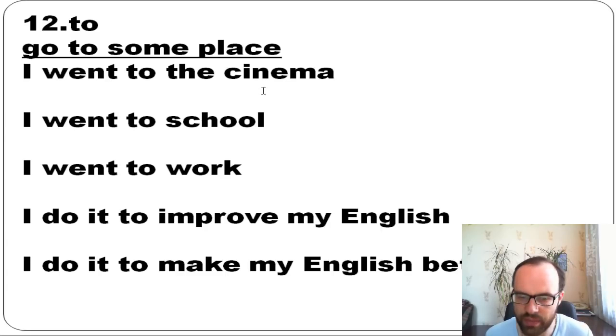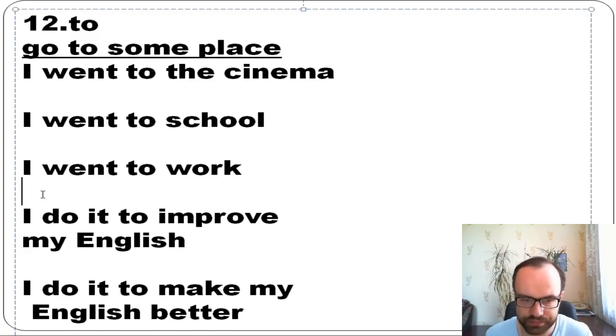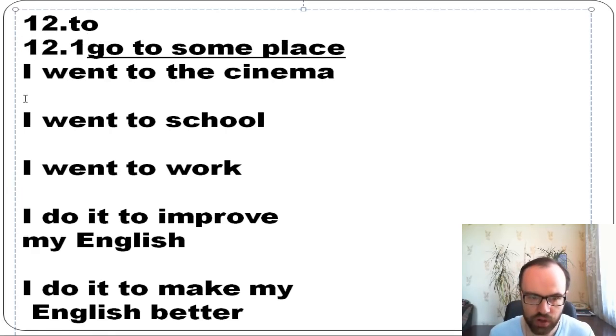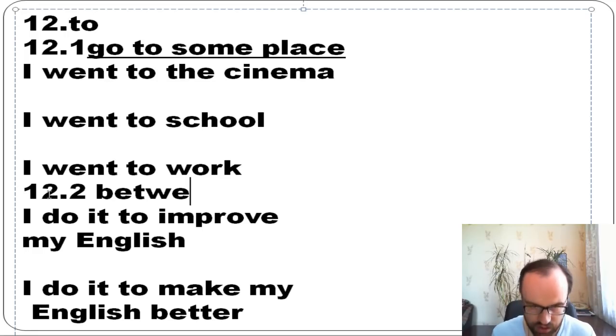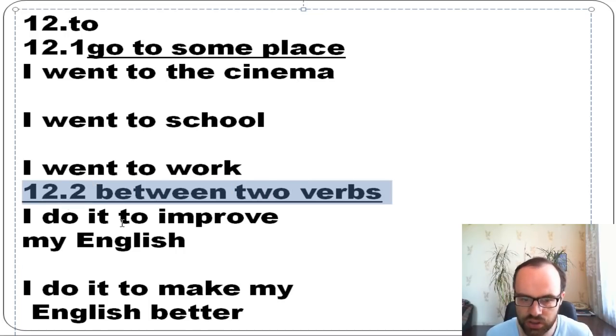You just need to remember these phrases. But we also often use to between two verbs. Like here.